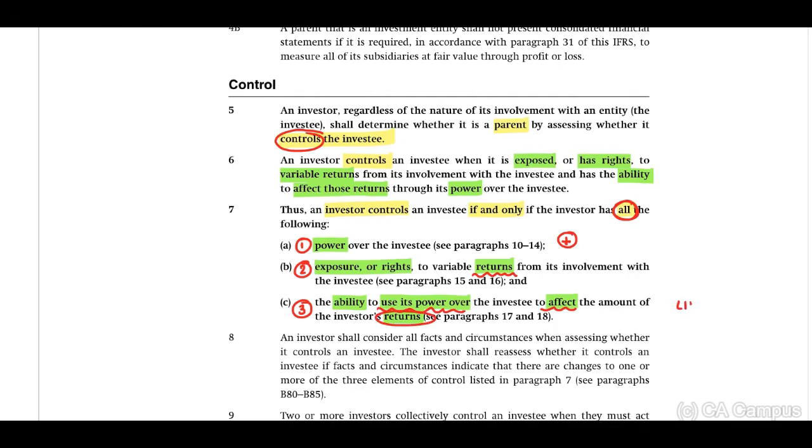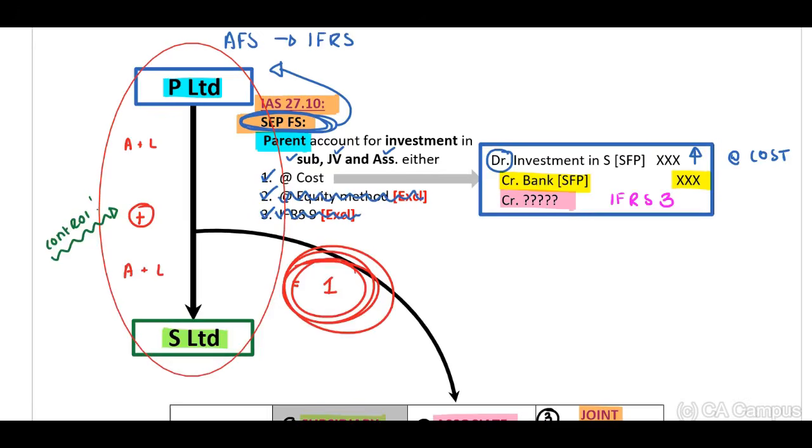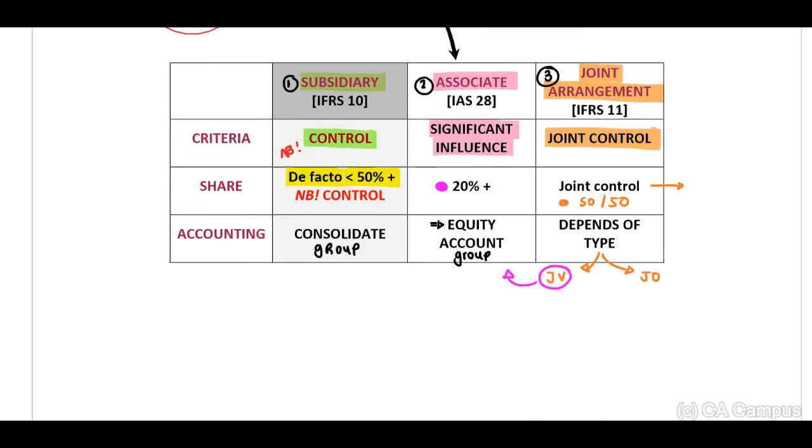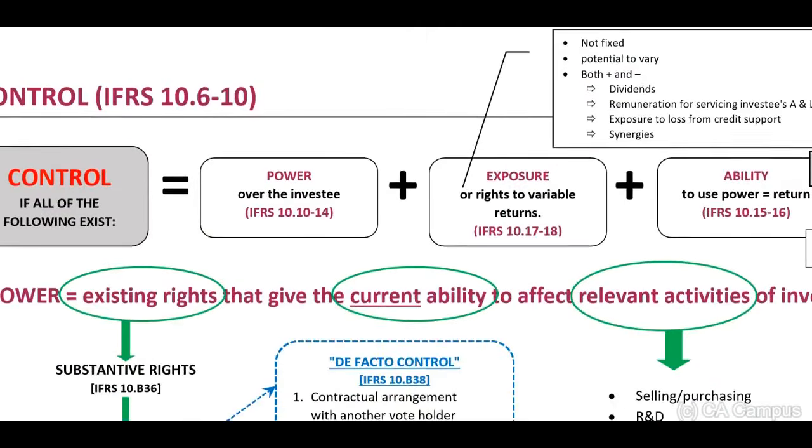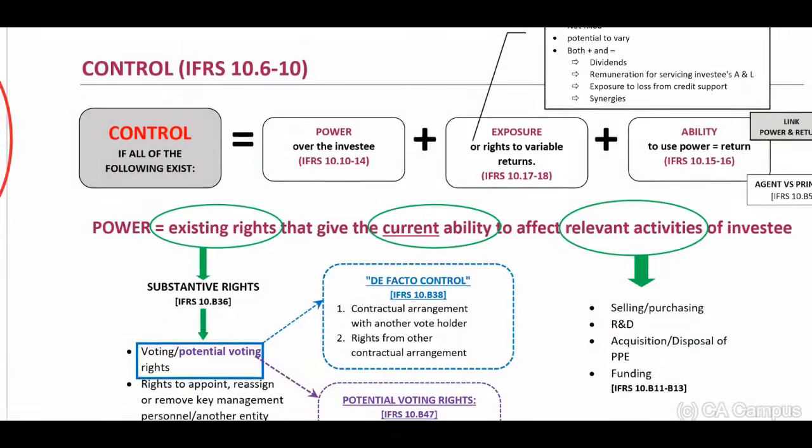Therefore, this is your link. Right, and when you look at this, you are able to open these paragraphs 10 to 14, 15 and 16, 17 and 18. I am, however, going to make use of the notes. Remember, IFRS is copyright protected. I'm only allowed to use about 30% of the actual standard throughout my lecture.